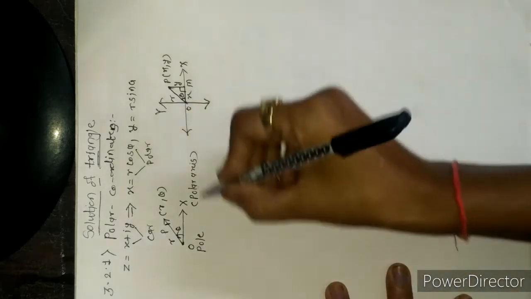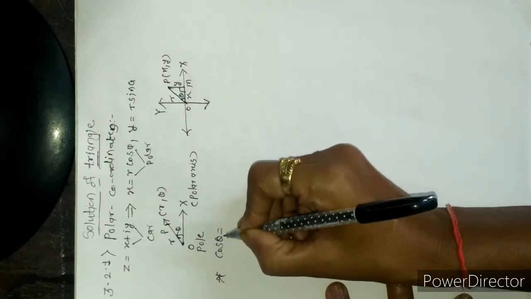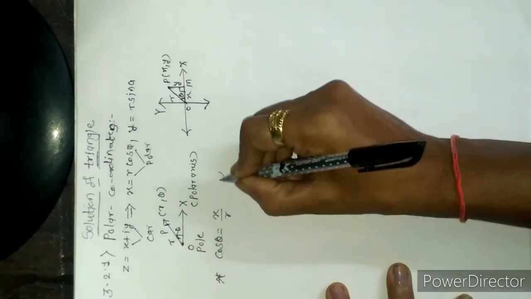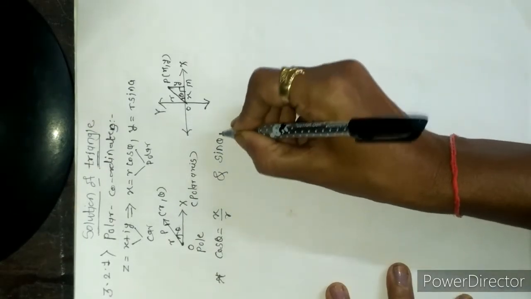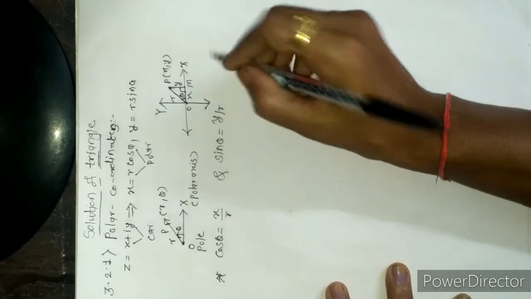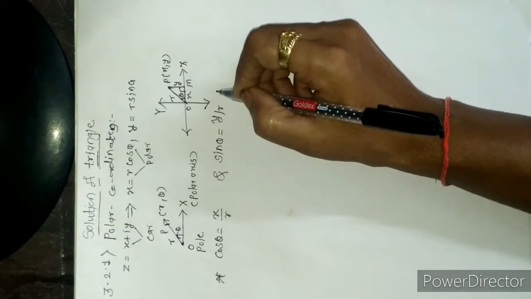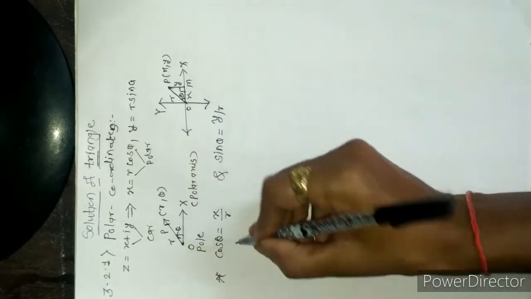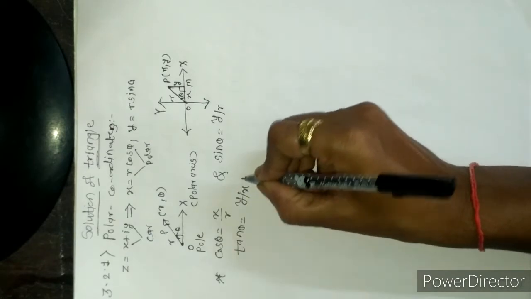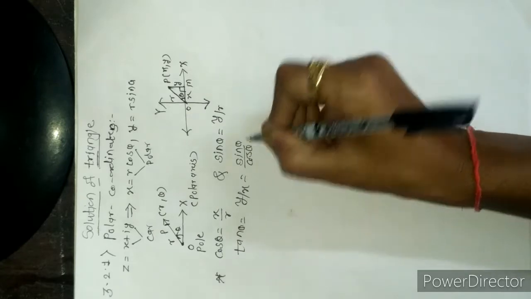For this angle of inclination, we define cosine theta as the length of the adjacent side upon the hypotenuse, that is x upon r, and sine theta as the length of the opposite side divided by the length of the hypotenuse, where r is not equal to 0. The tangent ratio is defined as y upon x, which in short is nothing but sine theta upon cos theta.